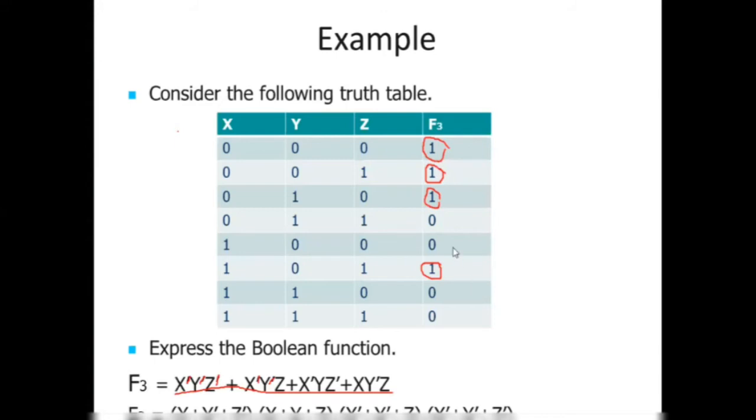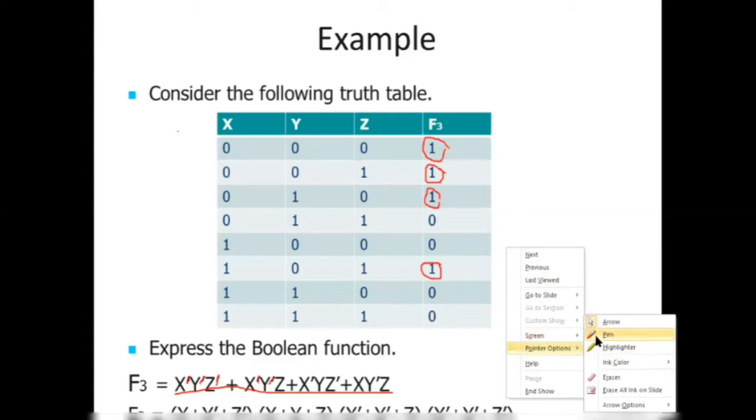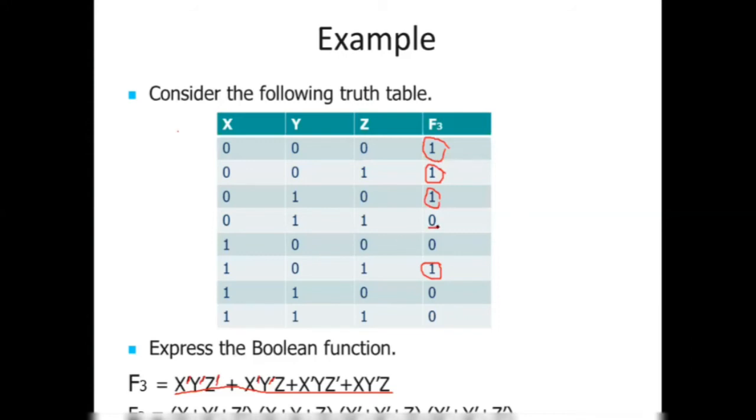When you are writing with max terms, what are you considering? You are considering zeros instead of ones. So there are 4 terms and there are 4 terms. In the first term, you have 0, 1, 1. So 0 is there, so you are getting x.